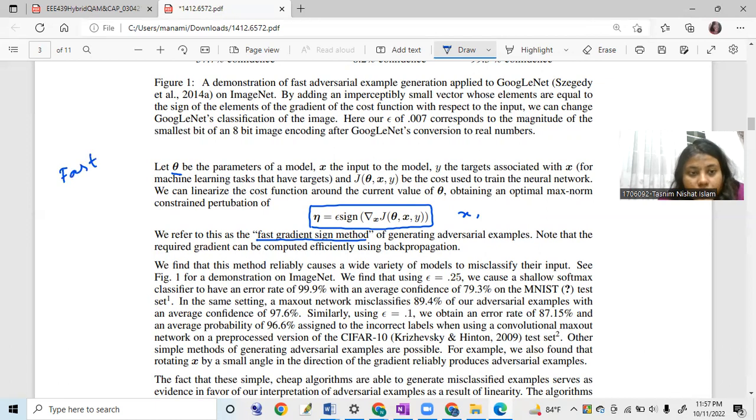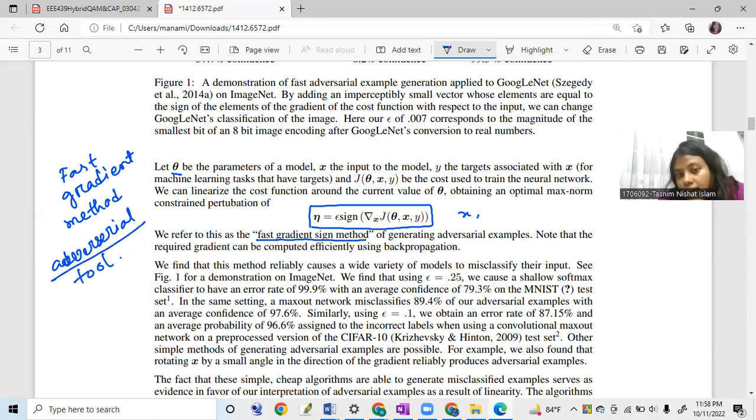So what's the fast gradient method? If we know from previously that we were using adversarial, obviously this is some sort of adversarial attack. What's an adversarial attack?